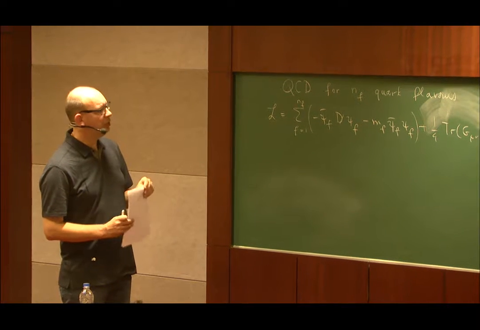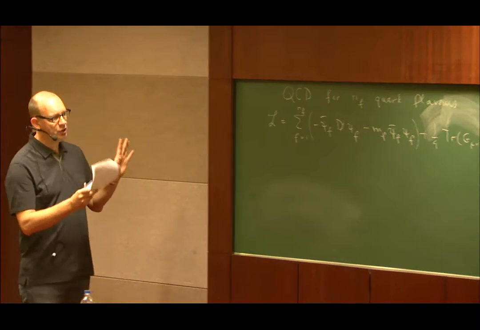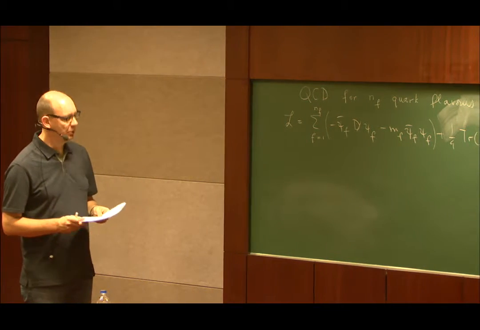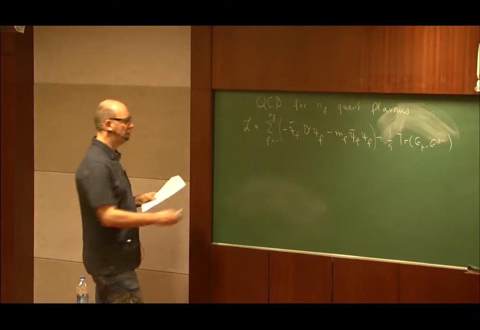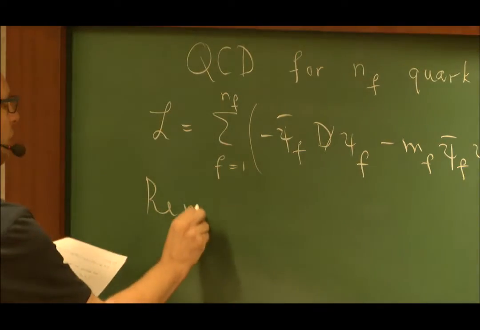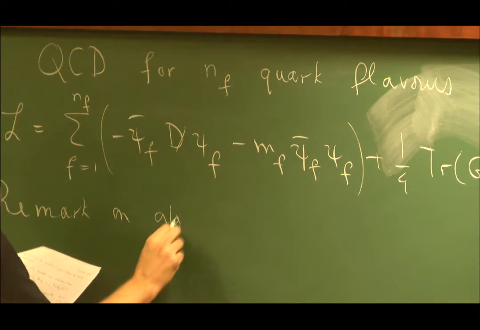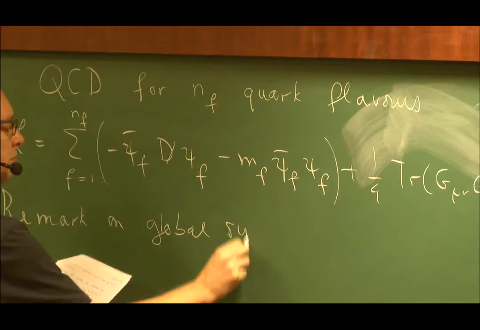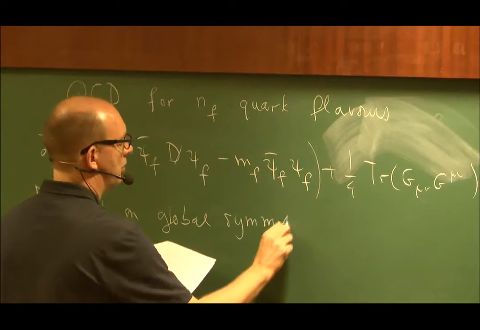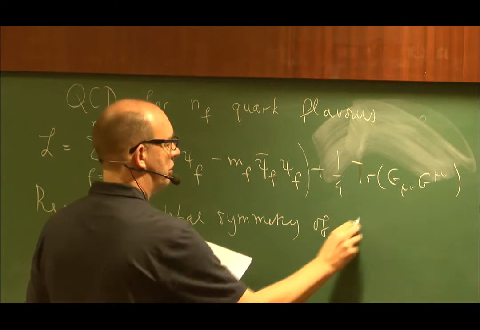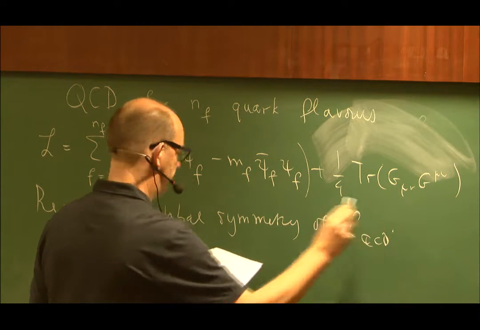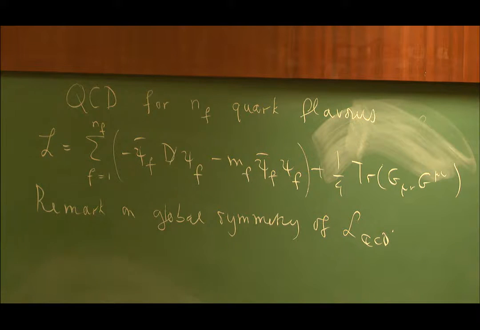I do want to make one remark on this Lagrangian before we move more towards diagrams. And the remark is on global symmetries, or rigid symmetries, of the QCD Lagrangian, given the fact that we have multiple flavors.